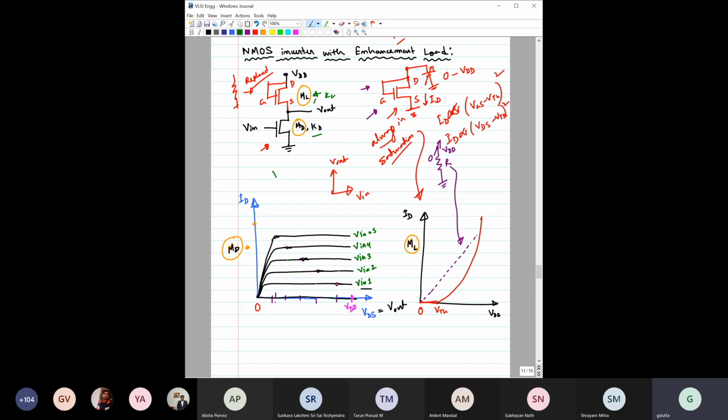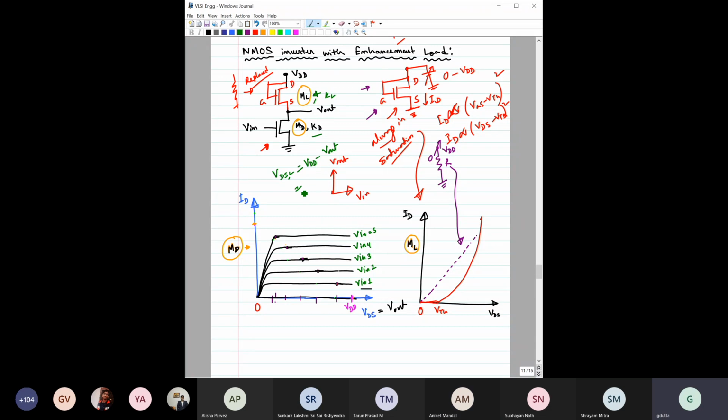Can I write that VDS load is equal to VDD minus Vout? Tarun? Aniket? Yes, sir. Okay.